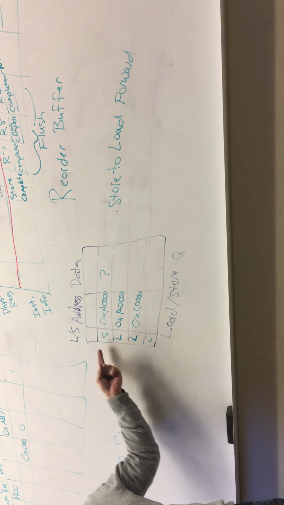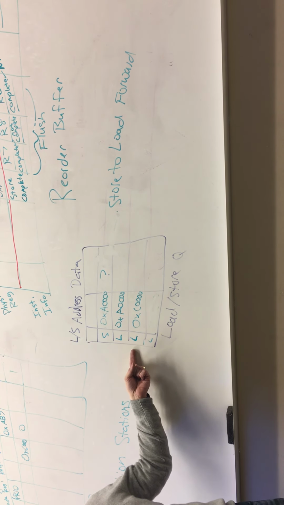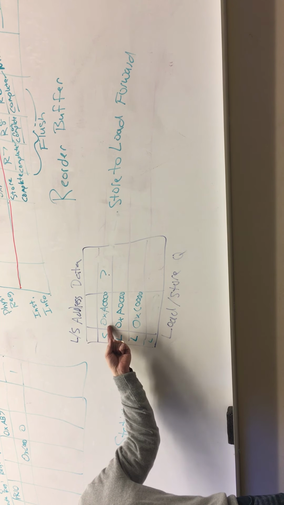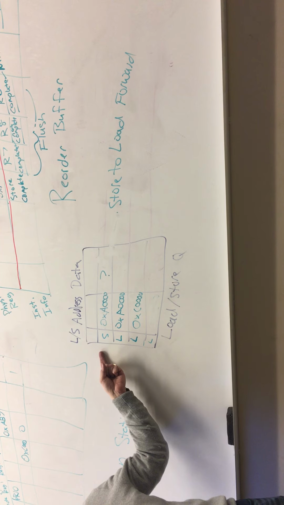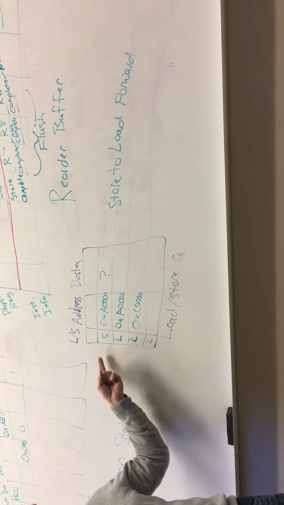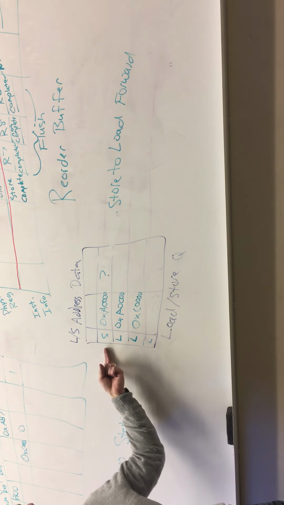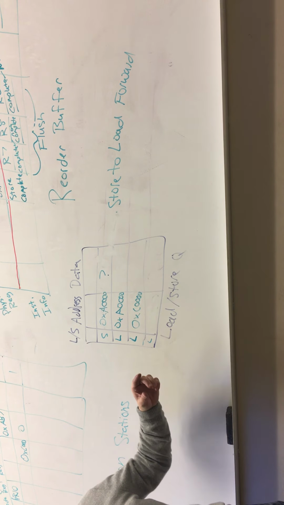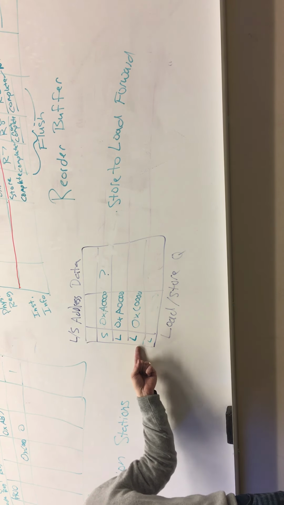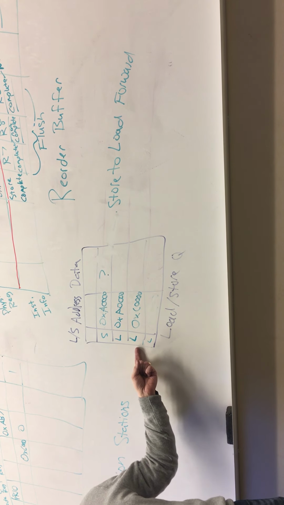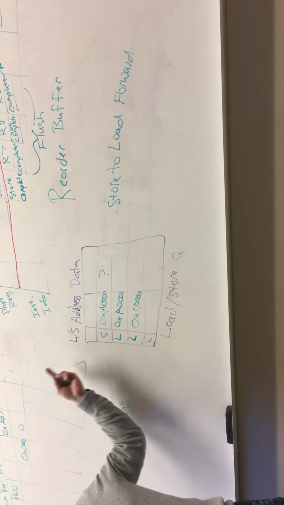As far as a single-threaded program, this load is accessing a different address than this one. It should be okay to do this load before this store, right? We're going to throw it away if this store causes an exception or some branch misprediction happens. We're not going to commit its result to the register file until it's the oldest instruction in the processor, and so all these other instructions would have to finish.